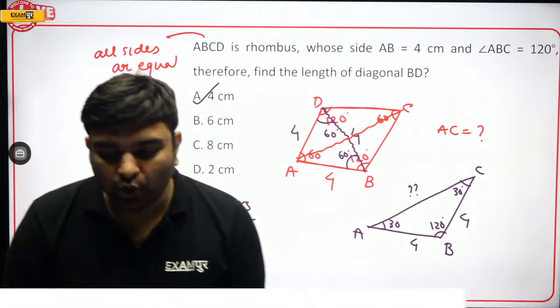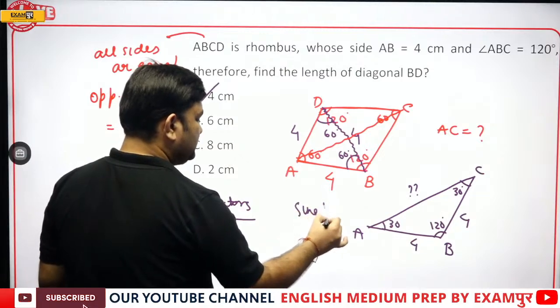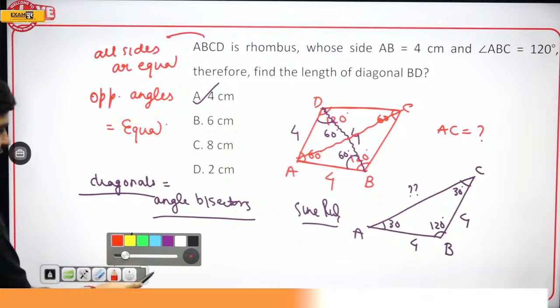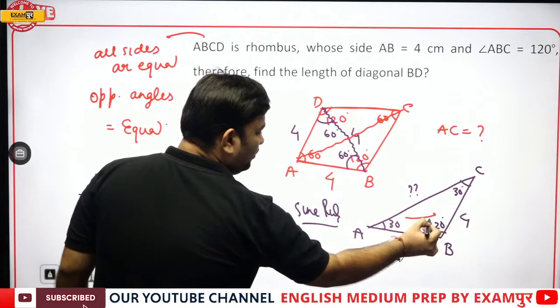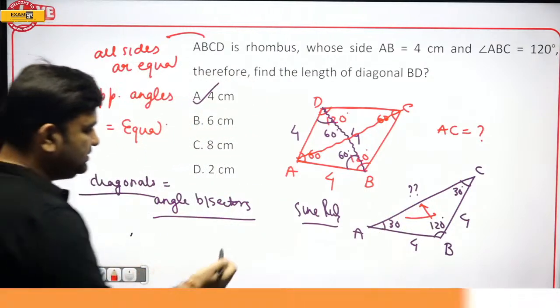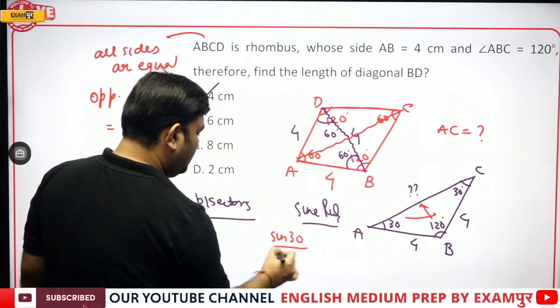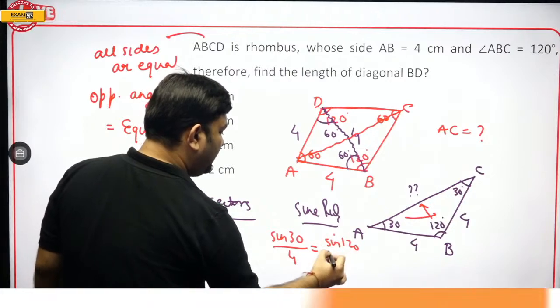By the sine rule. Sine 30 upon 4 is equal to sine 120 upon question mark.